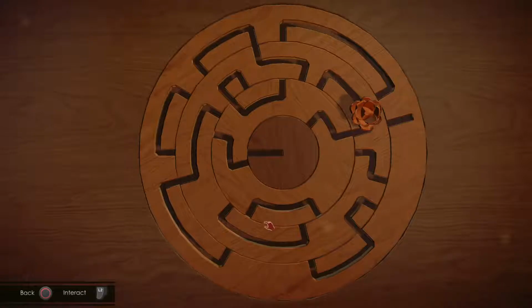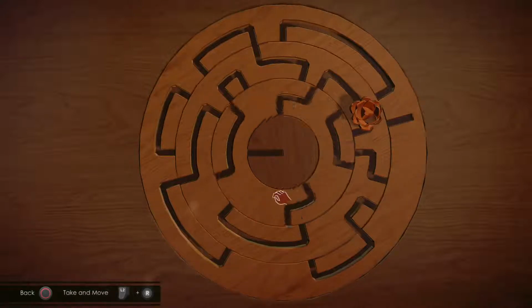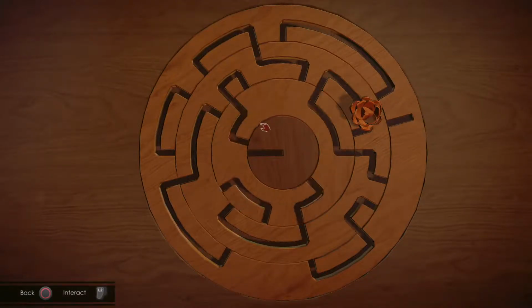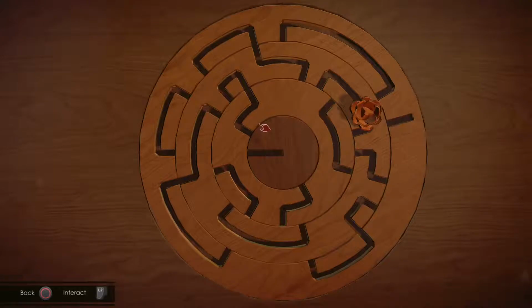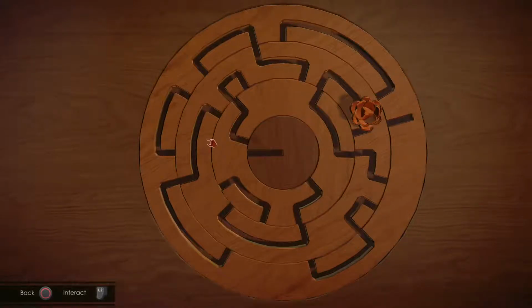It wouldn't be a bad puzzle if it wasn't broken, but sometimes you just can't move the damn thing. And then sometimes it clicks into these weird positions. Why can't it be in this position? That's where I want it to go.